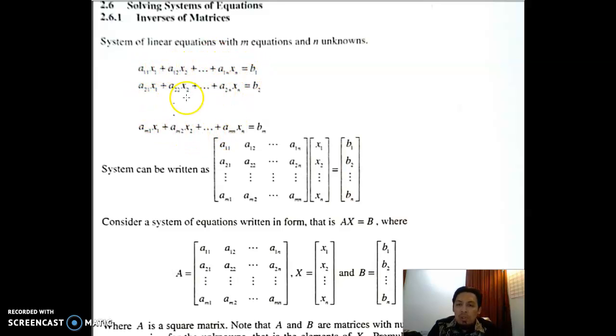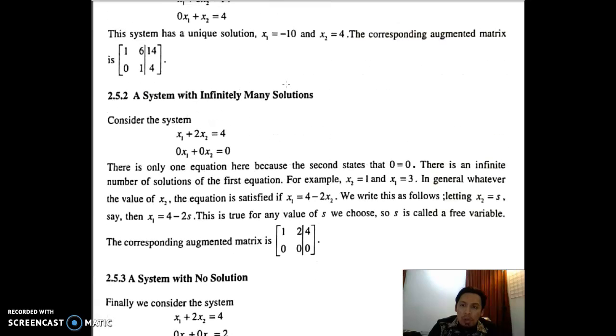You have the first equation, the second equation, and so on. You have A times x on the left hand side equal to b. This is denoted as A and x. If you look at our previous example, this is the A and x, where you have x1, x2, and you have 2, 0, and so on, and this is actually the b, 4 and 0.